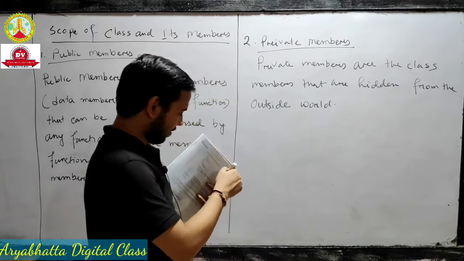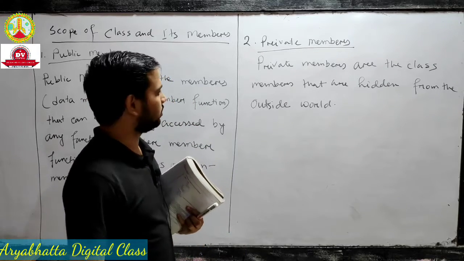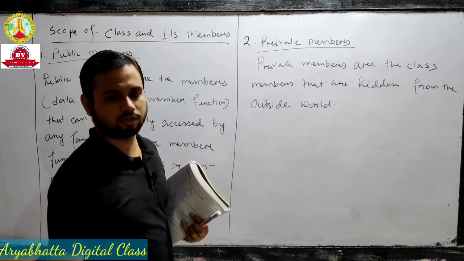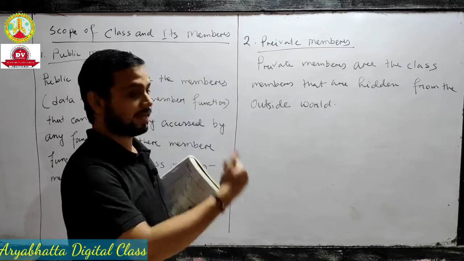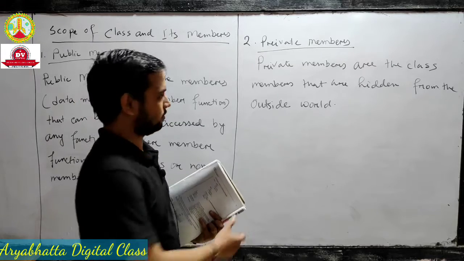See, the private members are the class members. Class members means member functions and data members, don't be confused. They are hidden from the outside world, meaning nobody can access them. Why? Because they are private.